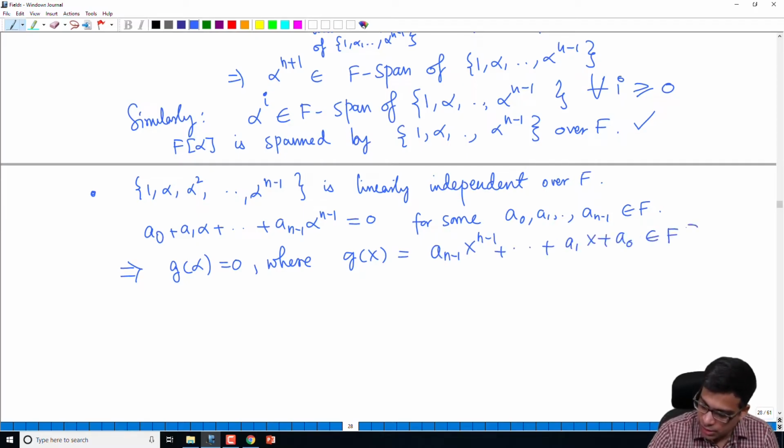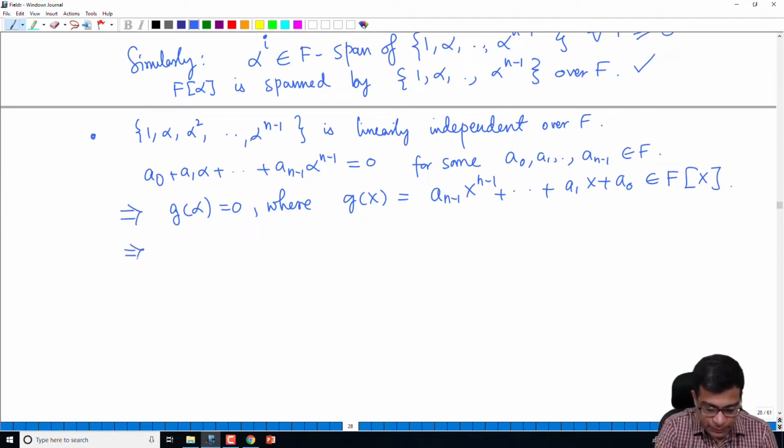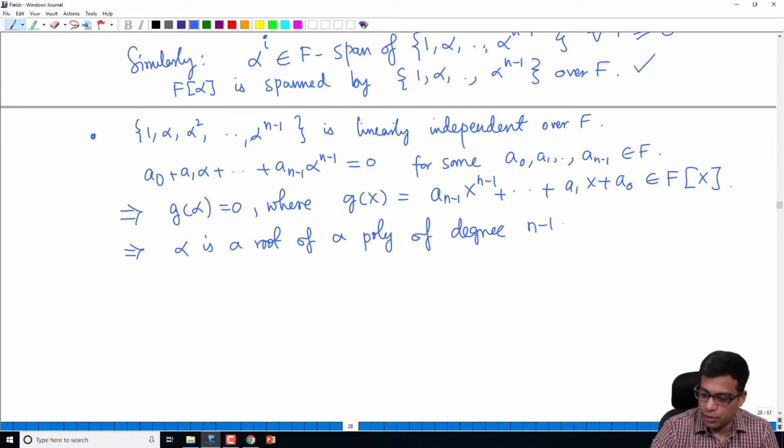This of course is in F[x]. But this implies alpha is a root of a polynomial of degree n minus 1, which is strictly less than n.